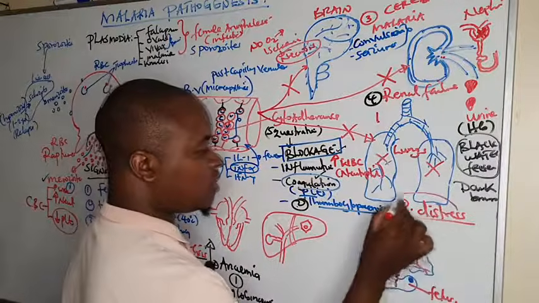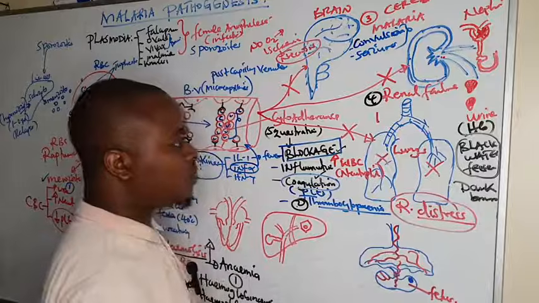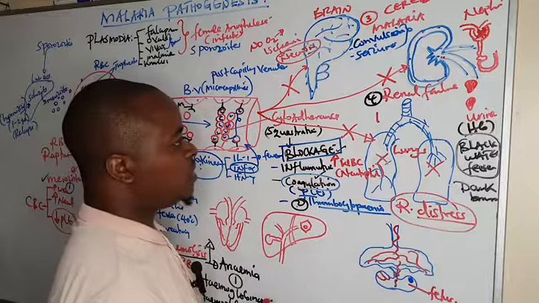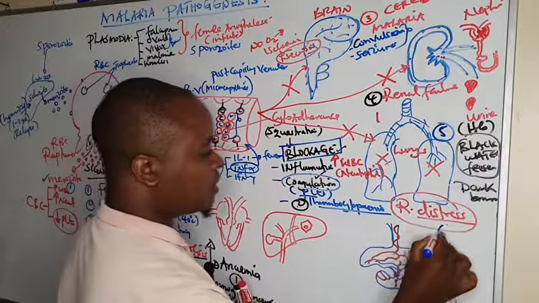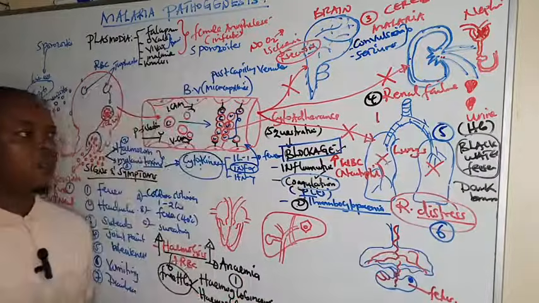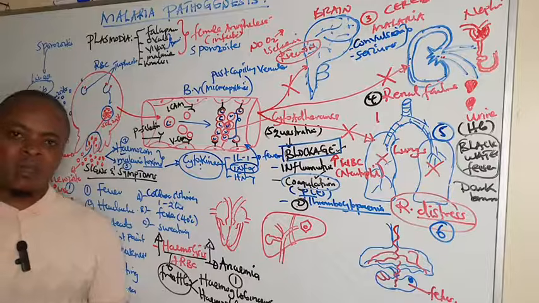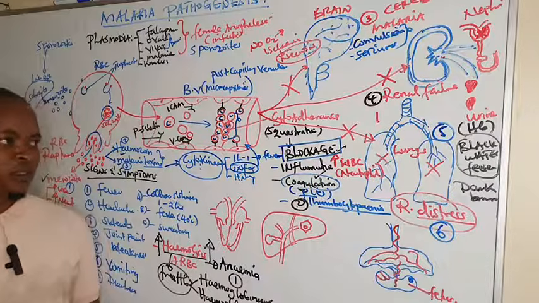So another complication, number 5 was black water fever. Number 6 is respiratory distress, when there is no oxygen supply and blood supply to the lungs.